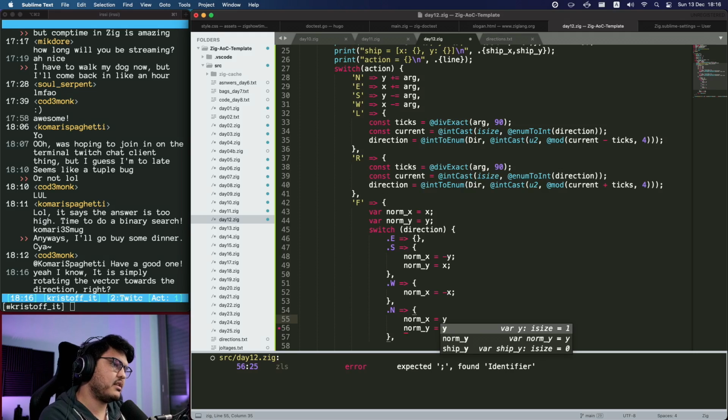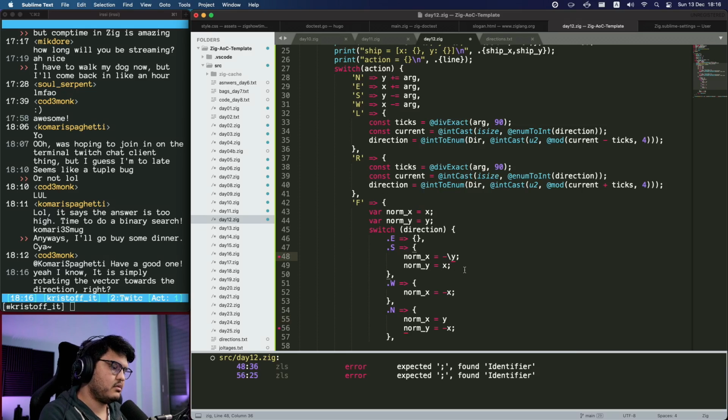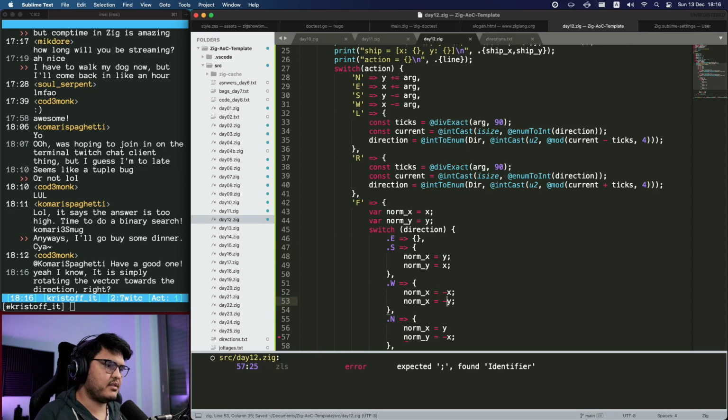I think I'm getting this almost correct, but not quite, because x becomes y, and y becomes x here. This is not minus, but here becomes negative.